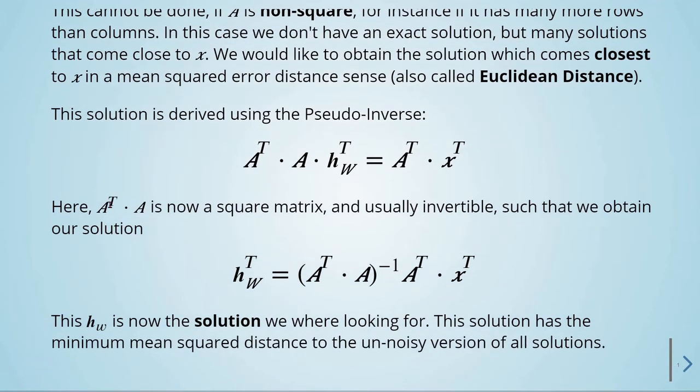Here A transpose times A is now a square matrix and usually invertible, such that we obtain our solution h_w transpose equals (A transpose times A) to the power of -1 times A transpose times x transpose. This h_w is now the solution we were looking for, and this solution has the minimum square distance to the unnoisy version of all solutions.